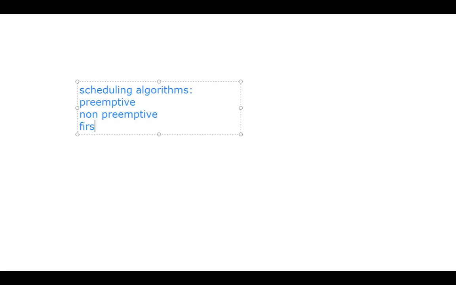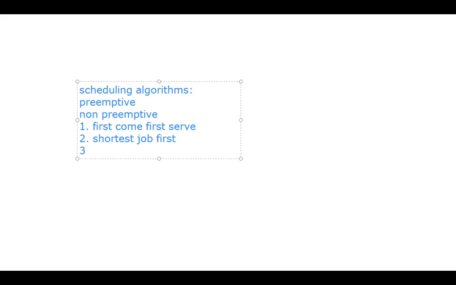So first is first come, first serve. We will discuss the detail of these algorithms in the next lecture. And second is shortest job first. Third one is shortest remaining time first.